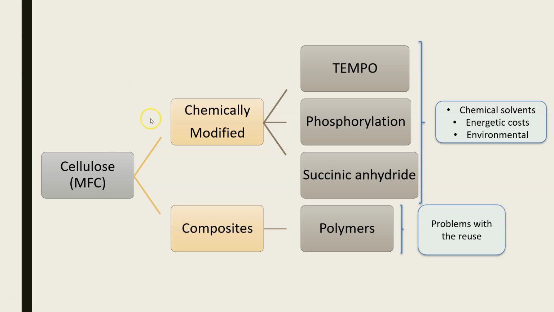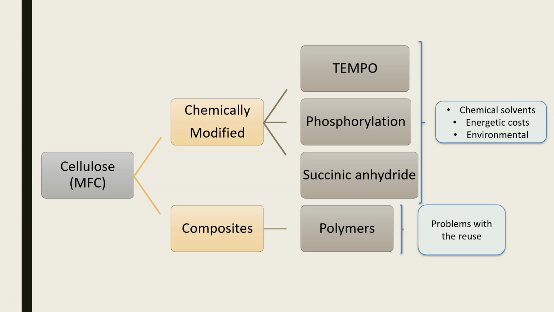For example, chemical modification through many reactions, but the problem with modifying microfibrillated cellulose is that it requires chemical solvents, energetic cost, and environmental damage. Another alternative is to create a composite between microfibrillated cellulose and a polymer. Why? Because the polymer offers a great number of functional groups to the microfibrillated cellulose.